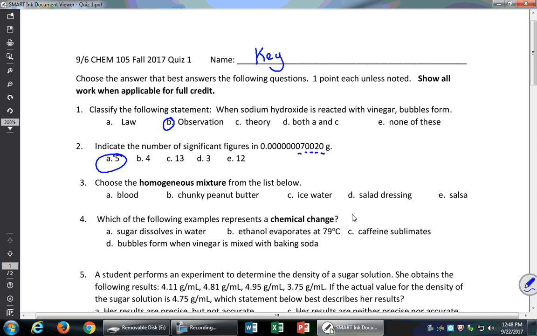Clearly chunky peanut butter, you could clearly see the whole peanuts and the non. And of course there's sugar and other stuff in there. Ice water, technically that's a pure substance, assuming it's DI water. If it's ice tap water, then it is a mixture. But the fact that there's ice in liquid, that's just 2 different states of it.